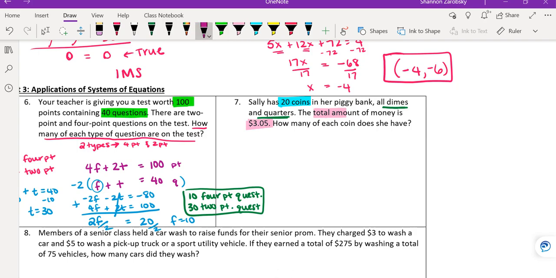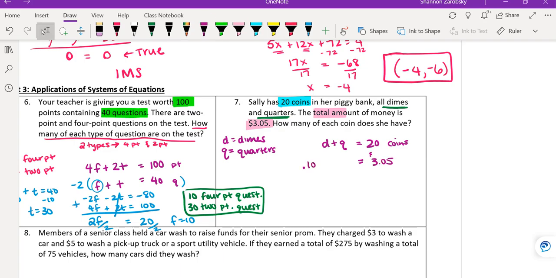All right, so I'm going to let D represent dimes, and I'm going to let Q represent quarters. I know that I have a total of 20 coins that's made up by dimes and quarters. I know that a total of $3.05, so that's in money, a dime is worth 10 cents and a quarter is worth 25 cents.